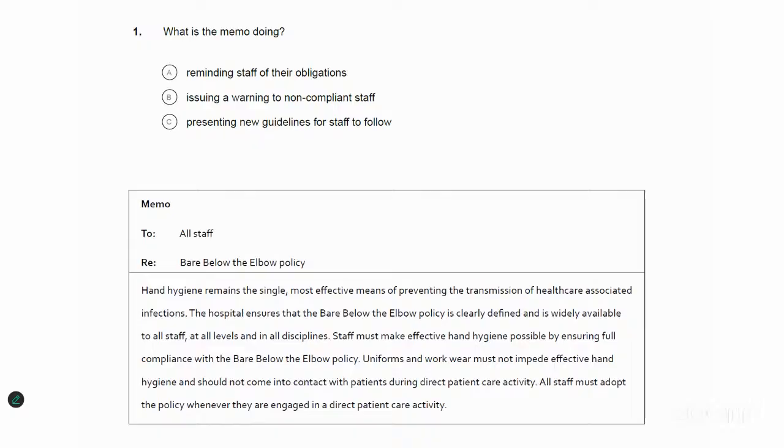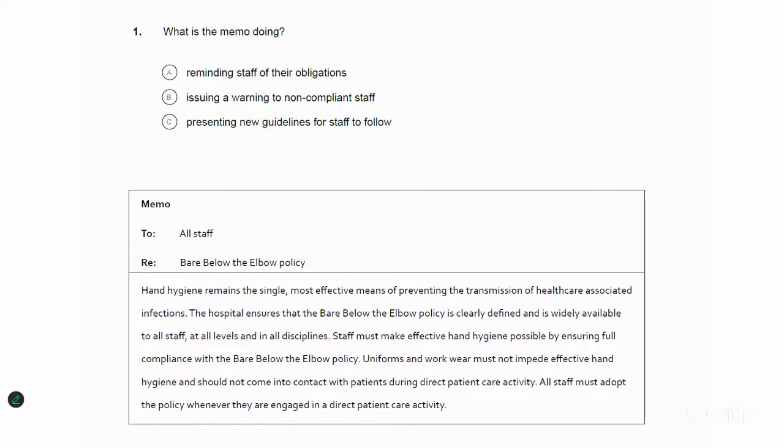Now let's go through this message. Hand hygiene remains the single most effective means of preventing the transmission of healthcare associated infections. The hospital ensures that the bare below the elbow policy is clearly defined and is widely available to all staff at all levels and in all disciplines. Staff must make effective hand hygiene possible by ensuring full compliance with the bare below the elbow policy.